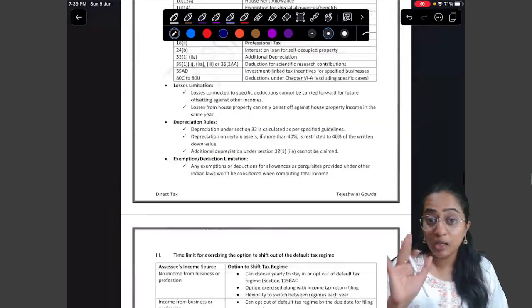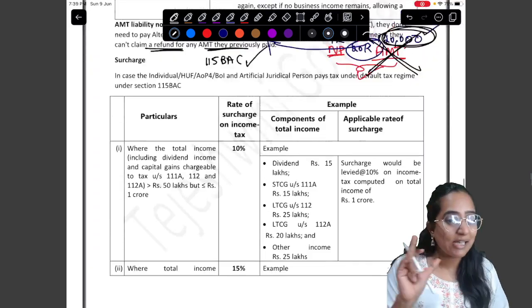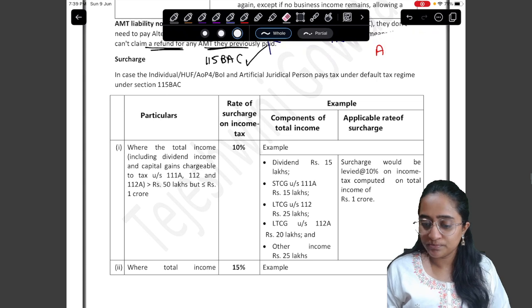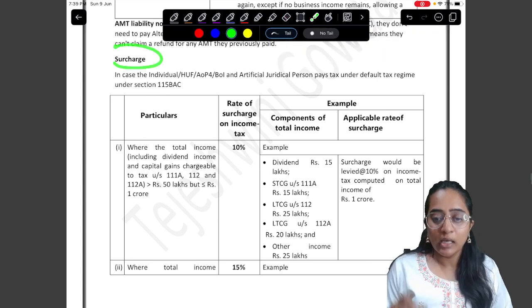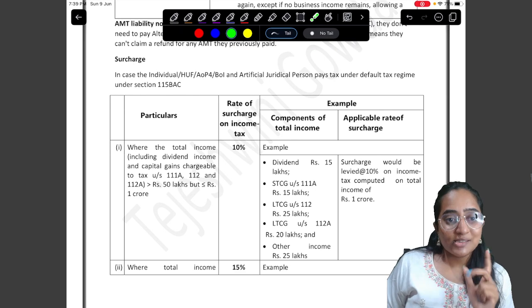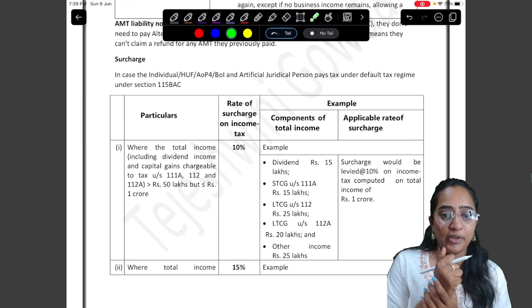This is about the provisions. Okay. Now let's try to understand about the surcharge applicability over here. With regard to the surcharge, surcharge applicability for individuals is going to be different.